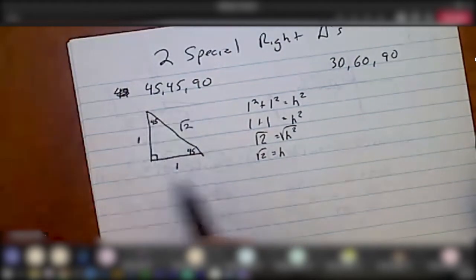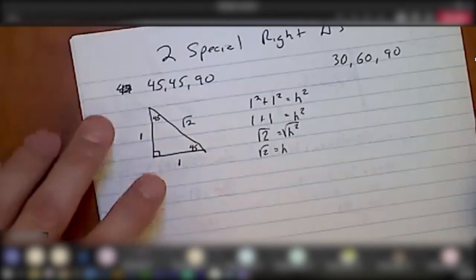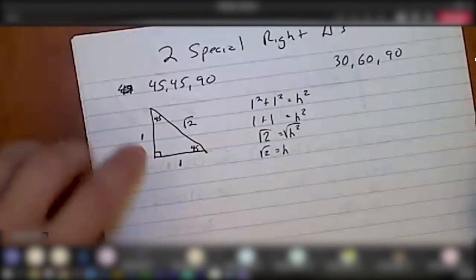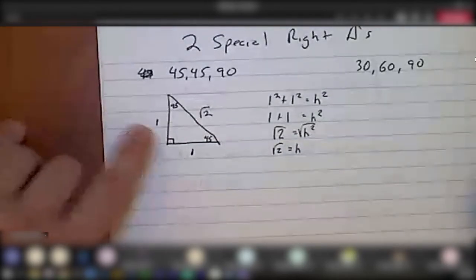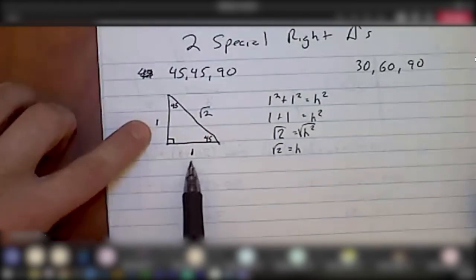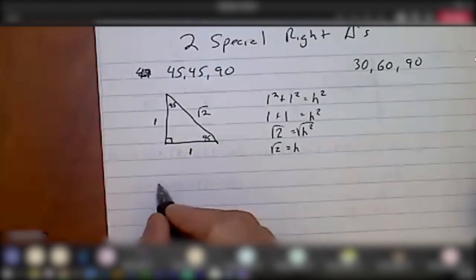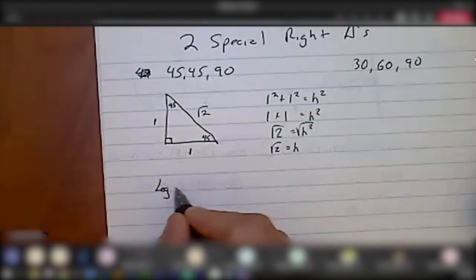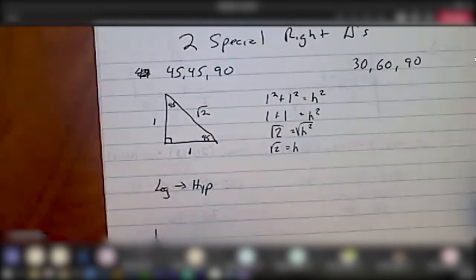So, do we remember seeing this last year in geometry? Yeah. So you should memorize the ratio. When you have a 45, 45, 90 triangle, we memorize this as 1, 1, square root of 2. And then there's only two things you have to do. You realize that the legs have to be equal. So you're either going from a leg to the hypotenuse, or you're going from the hypotenuse back to the leg.